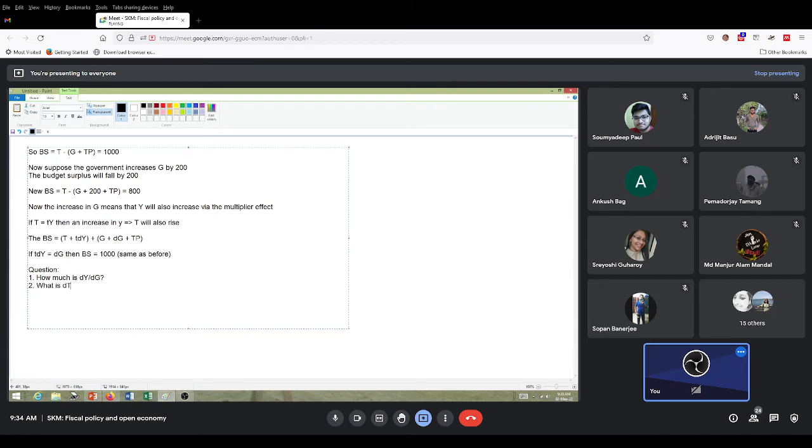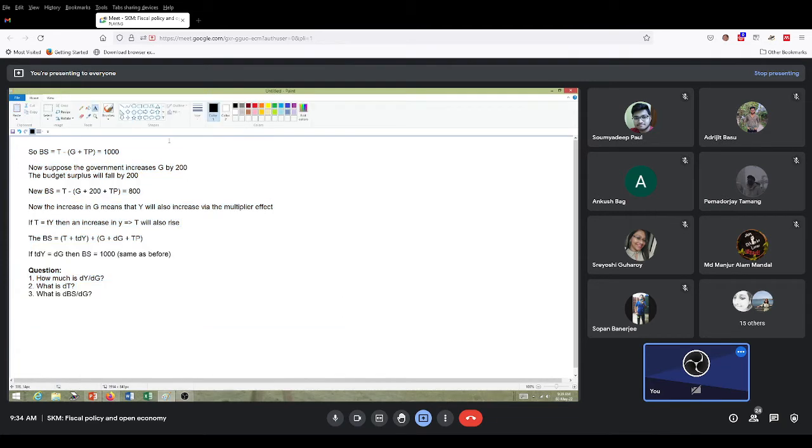What is dT? And third, what is dBS by dG? As I have framed the argument, if t dY by dG is equal to dT, then your dBS should be equal to 0, right? So let us see whether this is true or not.